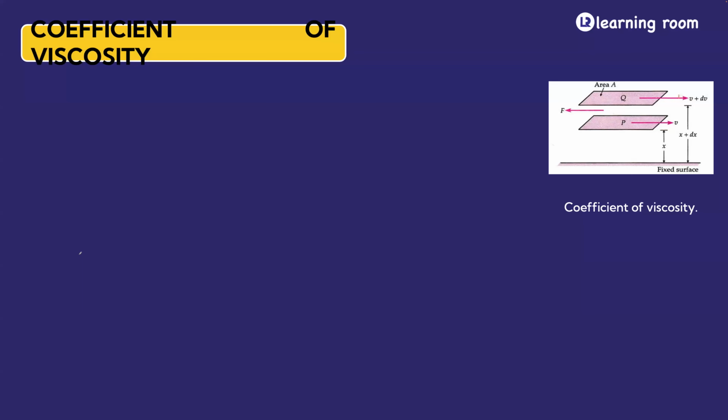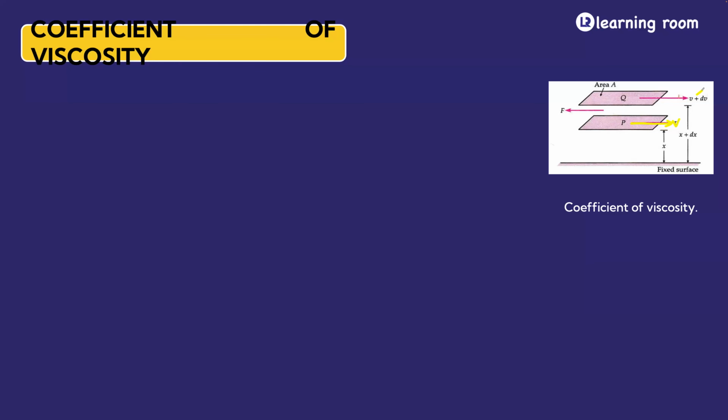Suppose the 2 layers are taken in this format. If I say that the speed of the layer P is going to be V, then what is going to be the speed of the layer Q? Is it going to be less or more? Obviously, it will be more. So how much is it going to be? It will be V plus dV.